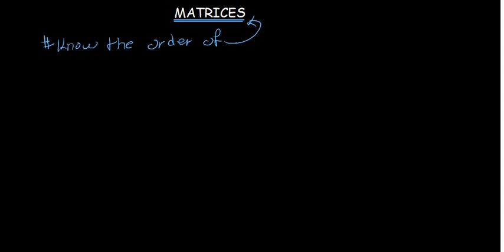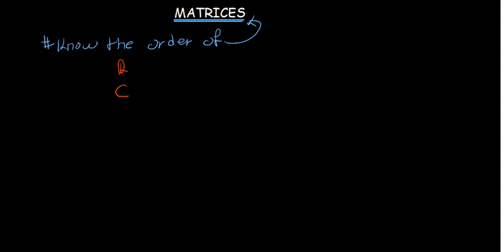Okay, so here, what do we mean by the order? It's just the arrangement. Remember, under matrices we deal with rows and columns. Okay, so I'm going to indicate rows using R, then columns using C.